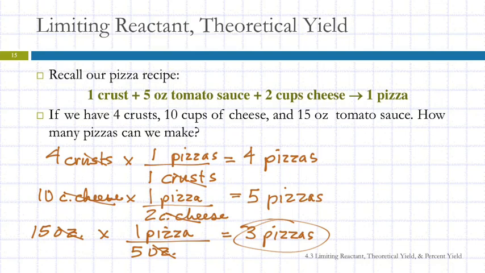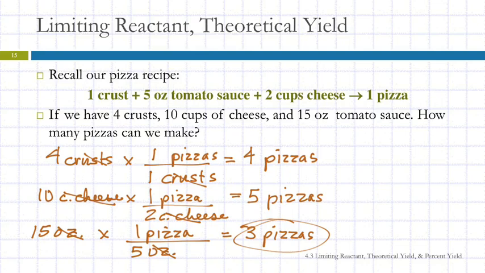So the process here is I took each of my reactants, my starting ingredients, and I figured out how much product I can make if I use that ingredient up, if I use the other ingredient up. And then I'm going to look at my results and pick the smallest one. Because when I get to the smallest one, I run out of this ingredient and production stops.